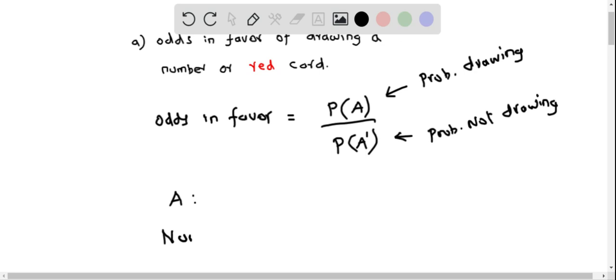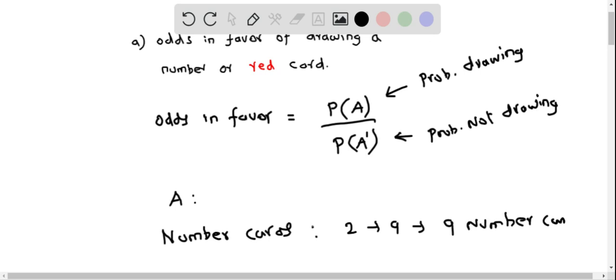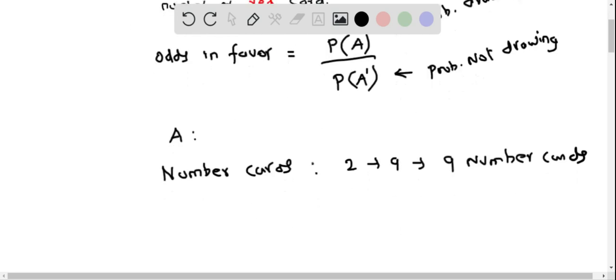For that, let's say the total number of number cards in a 52 card deck, that is from 2 to 9, so we have about 9 number cards. And then we look at the red cards. The total number of red cards, we have 13 plus 13, and this equals 26 red cards.